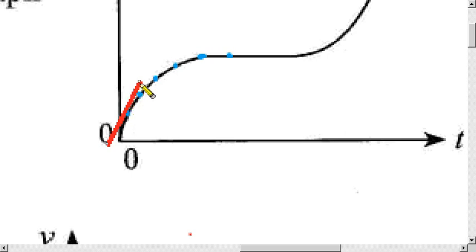This one is called a tangent. So this one is the x-axis. The angle between this tangent and the x-axis is called the gradient.